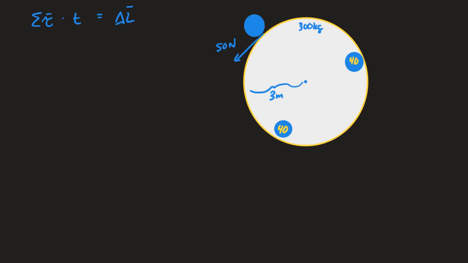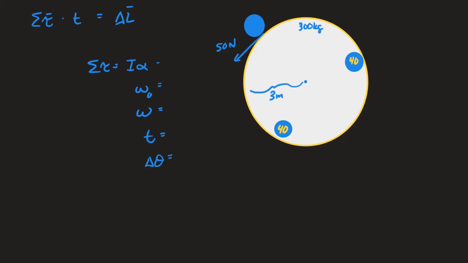Now, we could do this problem instead as a motion problem where we find the acceleration and use that to get the velocity, but we're not going to. We're going to do this as an impulse question. But you could do it the other way. You could say net torque equals I alpha, and then use alpha in a motion equation.